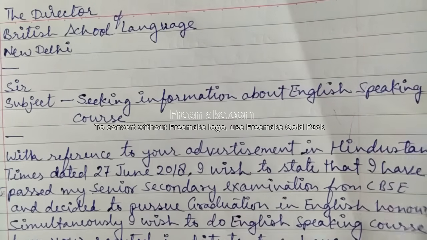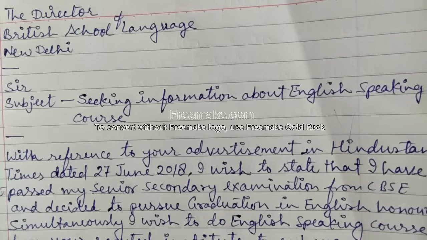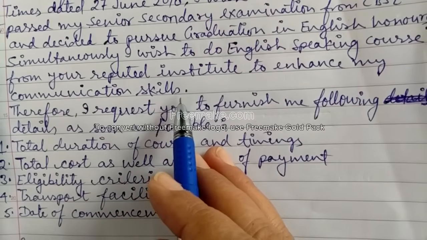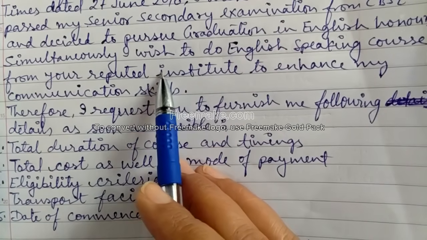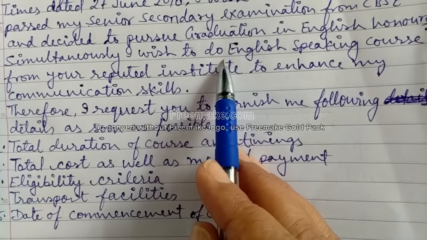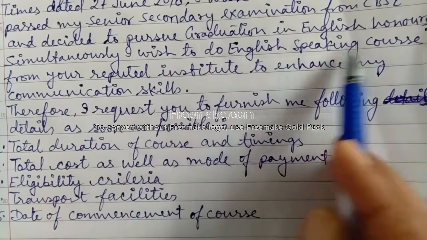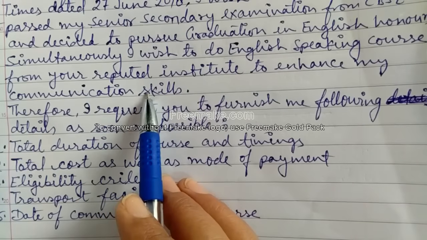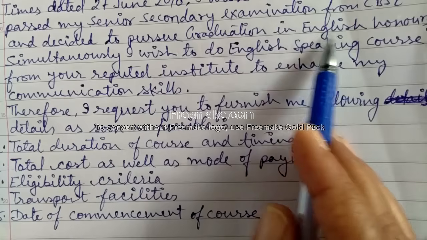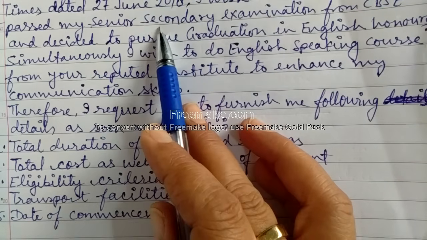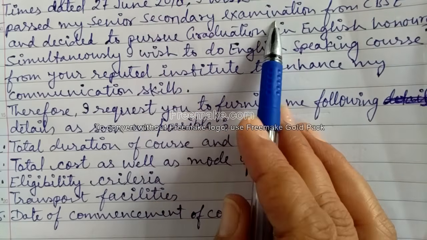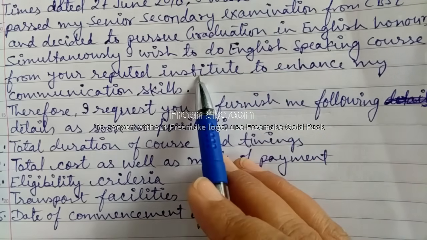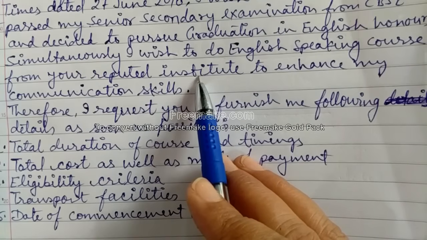Simultaneously, I wish to do English speaking course from your reputed institute to enhance my communication skills. Here the person has clearly stated why he is writing the letter, because he wants to do English speaking course to enhance his communication skills, and he wants to pursue graduation in English honors. He has passed senior secondary examination. So all the necessary information he has given, and then he has stated the purpose of writing the letter.